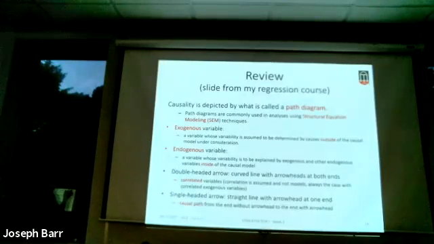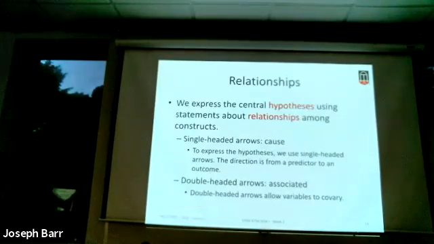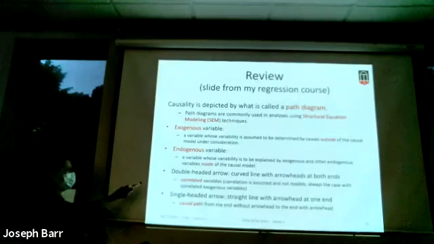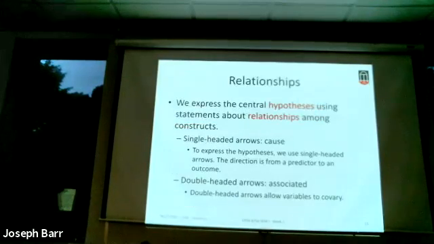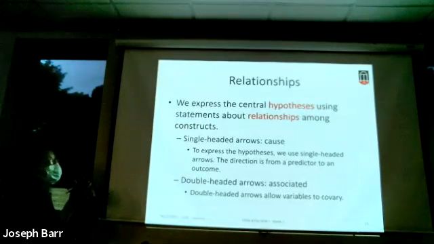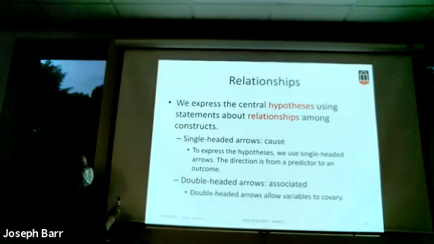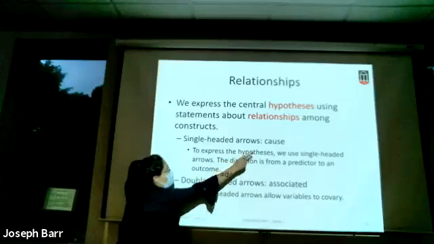Okay, so we reviewed these slides for different types of variables. And then let's look at relationships. As I mentioned, we have two types of arrows, double-headed or single-headed. That's going to express the relationship among variables. A single-headed arrow means cause.